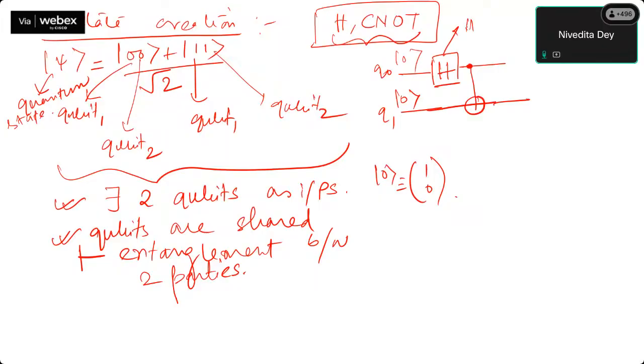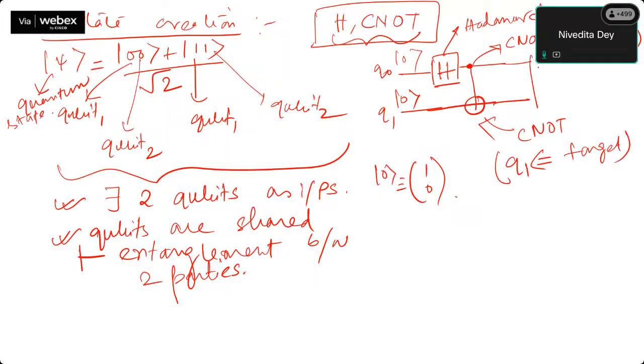This is the Hadamard gate, and this is the CNOT gate where q0 acts as the control, and this also represents the CNOT gate where q1 behaves as the target. On both of these you are doing a measurement. This is the measurement gate symbol.